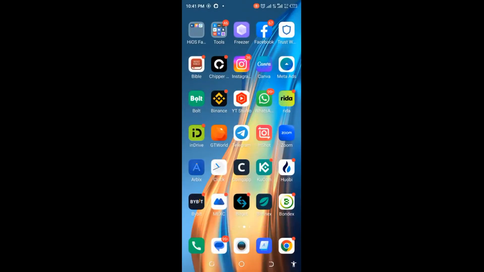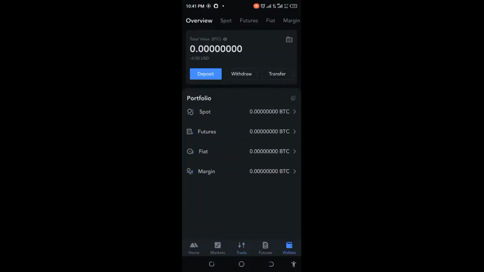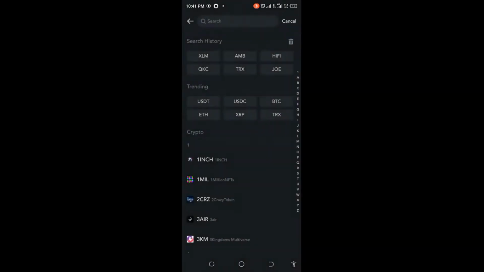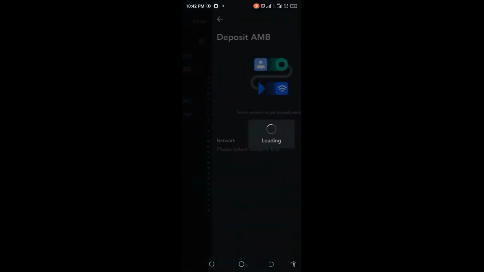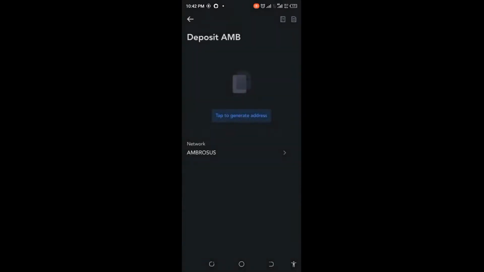For us to do that, we just need to get the deposit address from MEXC here. So we're depositing AMB. The name is Ambrosos. Okay, interesting. I just need to make sure that everything is the same.